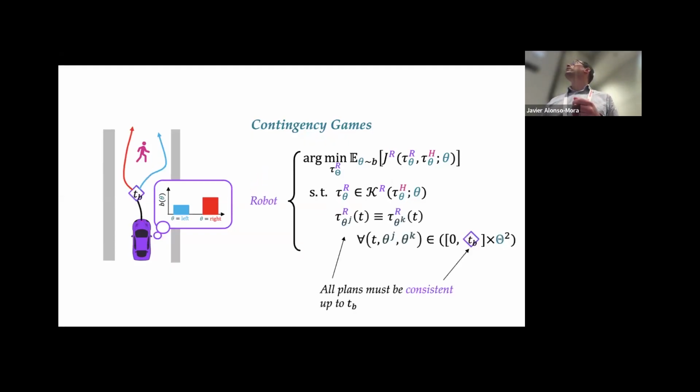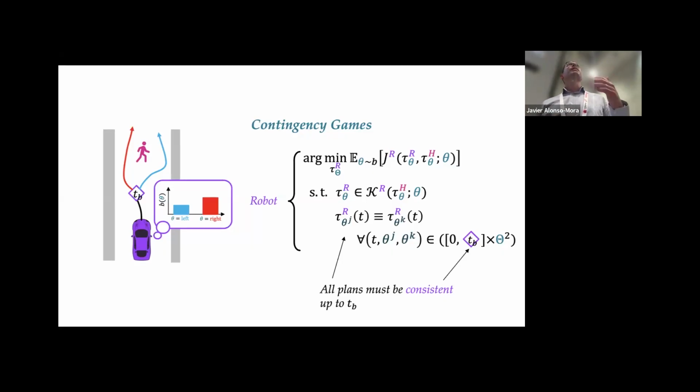And the coupling comes here. For the horizon until TB, we are saying that all the trajectories need to be the same, because they all need to avoid, since you don't know yet what is going to happen. You want to be able to react to any possible future at that time TB. And after that time, you assume that you will have perfect knowledge of what is happening, and then you commit to one of them.